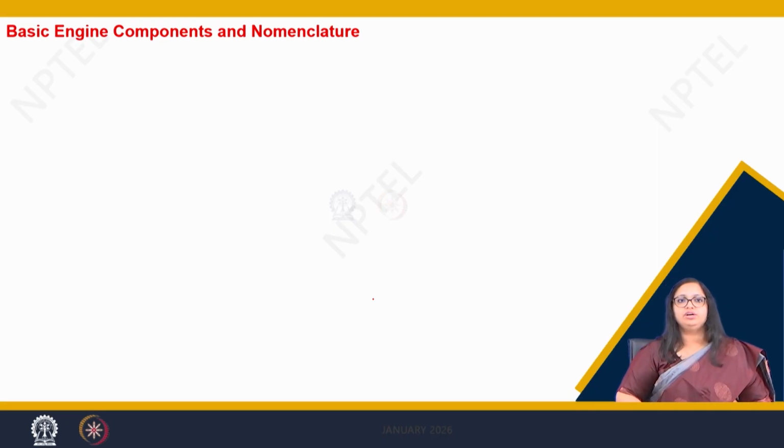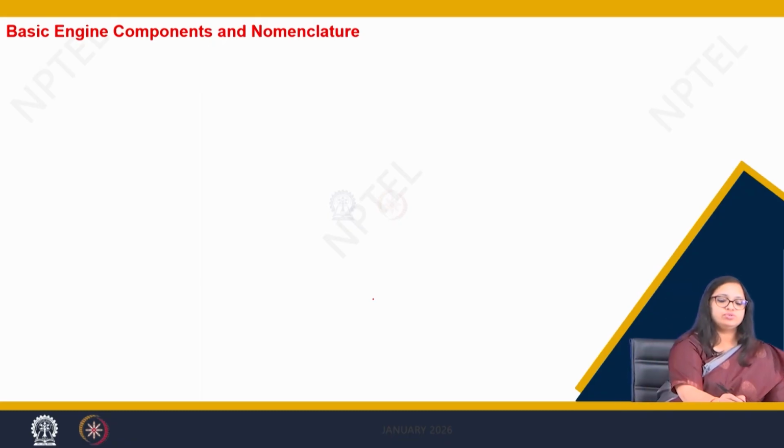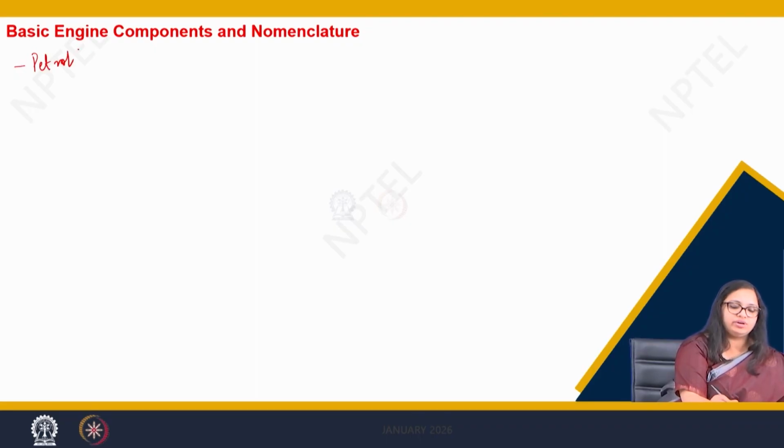When we come to the basics of engine components, there are two different types of internal combustion engine. The first one is the petrol engine, also called the gasoline engine, and the second type is the diesel engine.